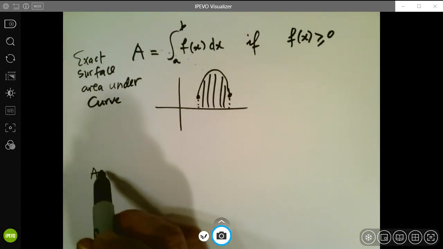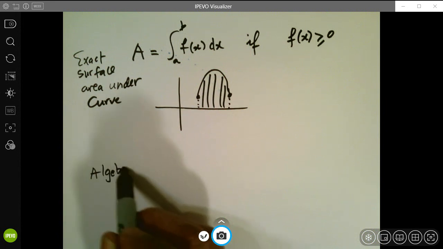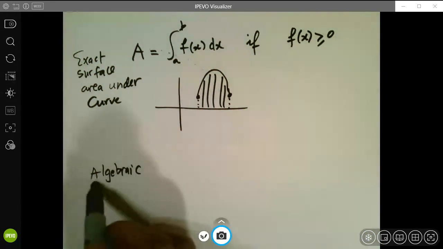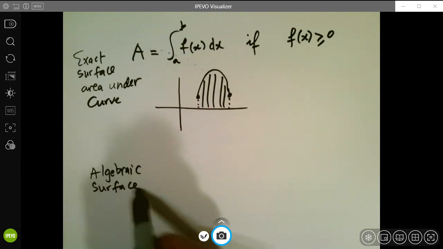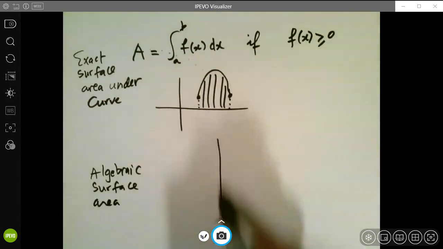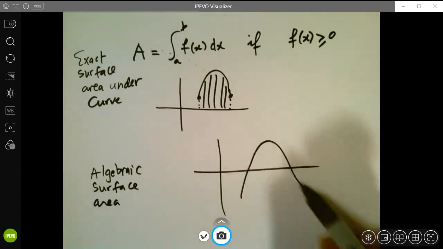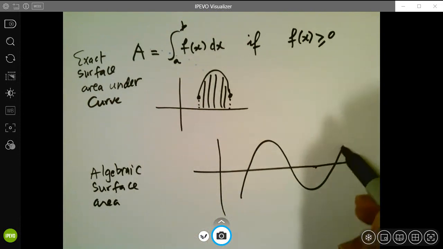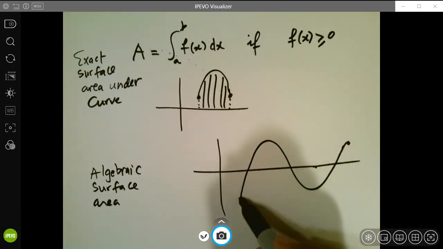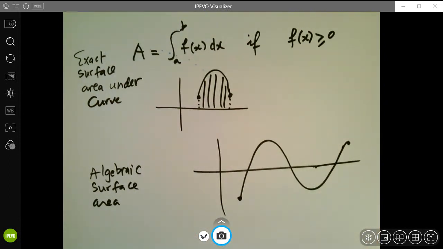Now, if you want the algebraic, what we call algebraic surface area, if you have a function like this, can you imagine I give you a function like this? Then you really have to be careful. It can be 0.